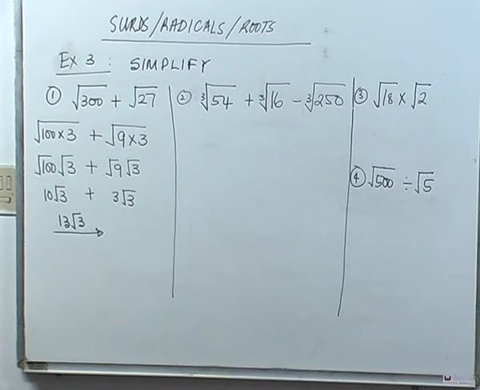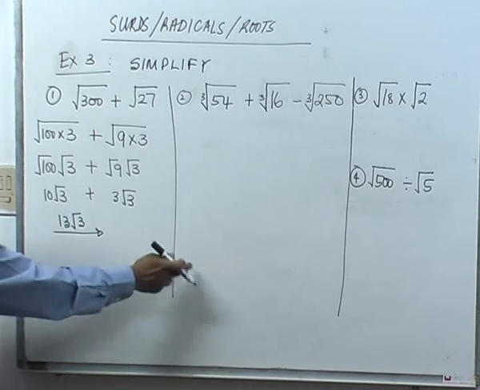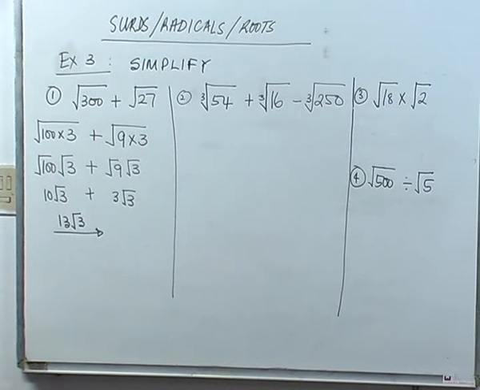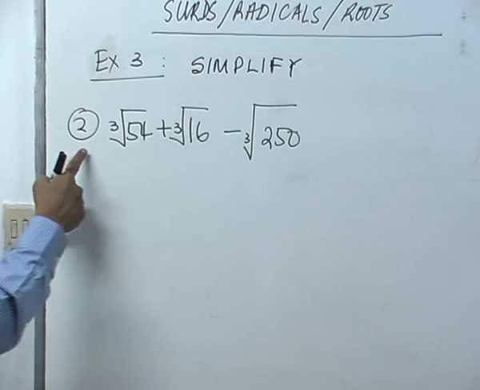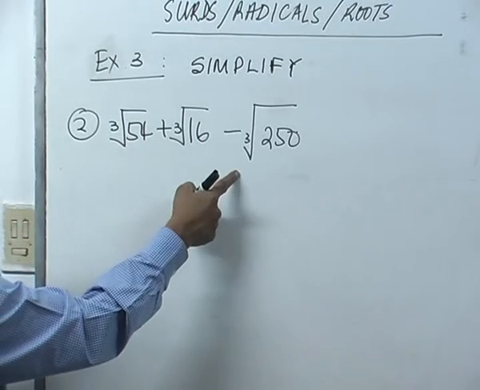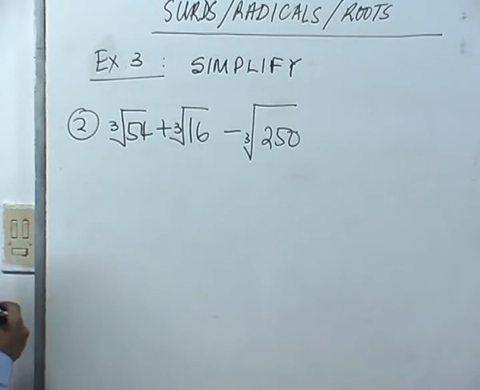Okay, now let's move on to number 2. Cube root of 54 plus cube root of 16 minus cube root of 250.